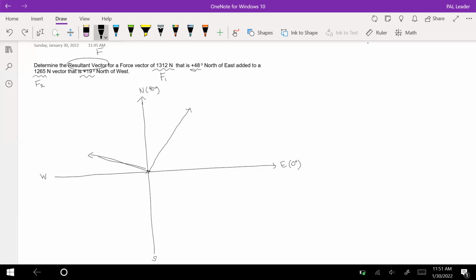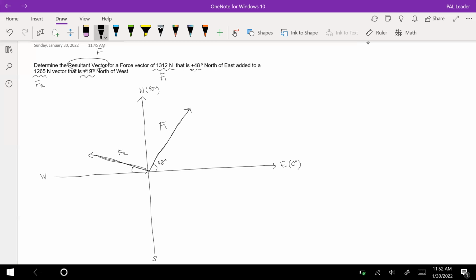Do what you like. So we have F1. This is F1, right? And it is 48 degrees north of east. So I hope that makes sense, like north of east or north of west. And F2 is there.